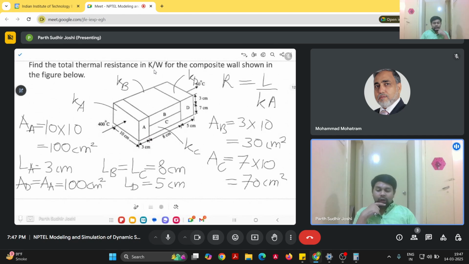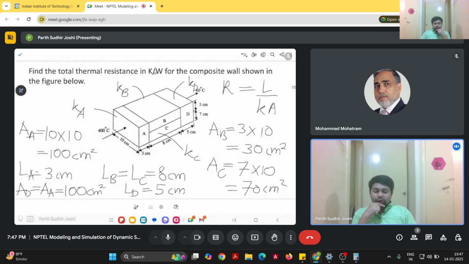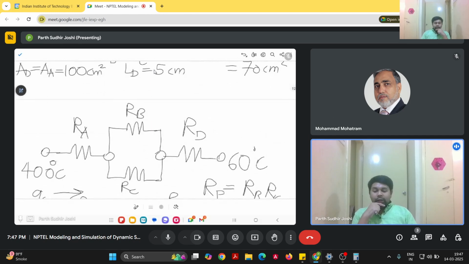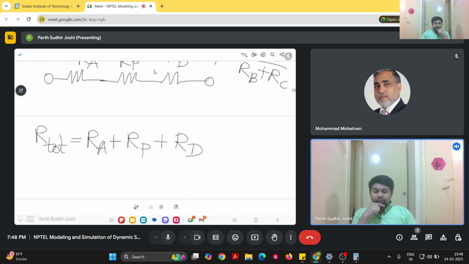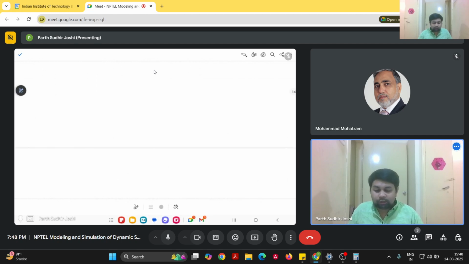But if you are given those values, you can easily calculate the thermal resistance numerically. That I think is easy to do. The general method is to draw an equivalent circuit and then use the same method as electrical resistance to find the total resistance.